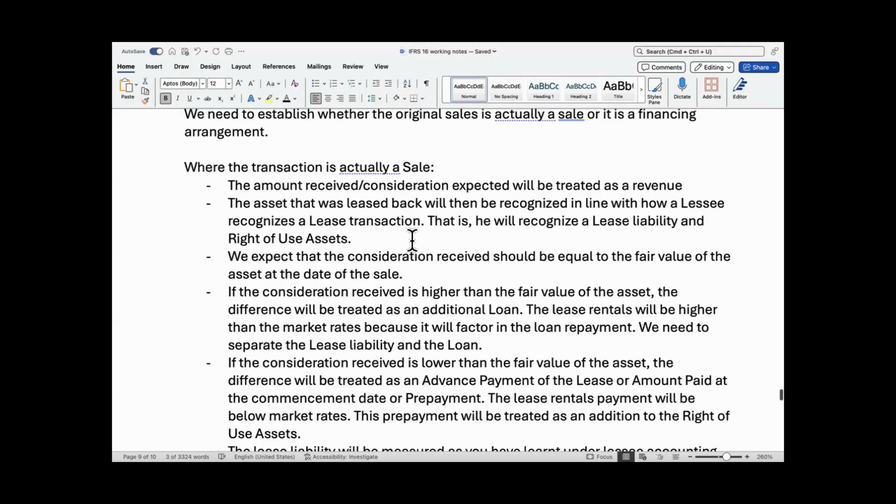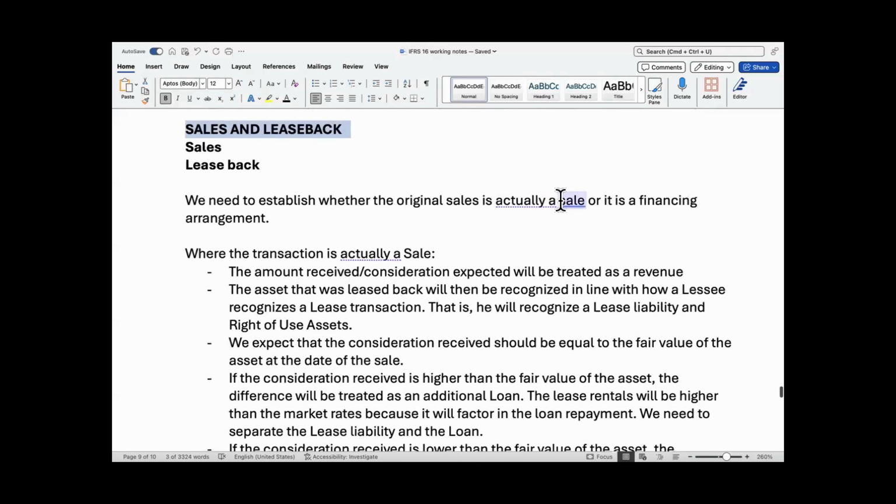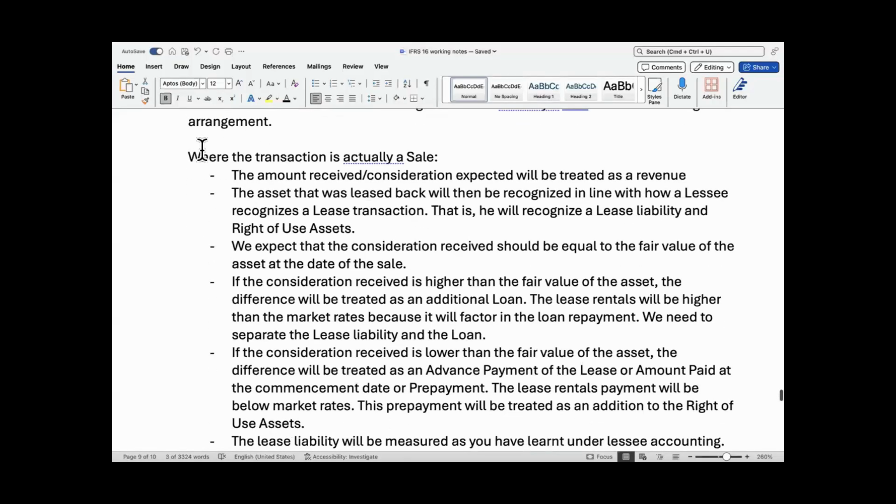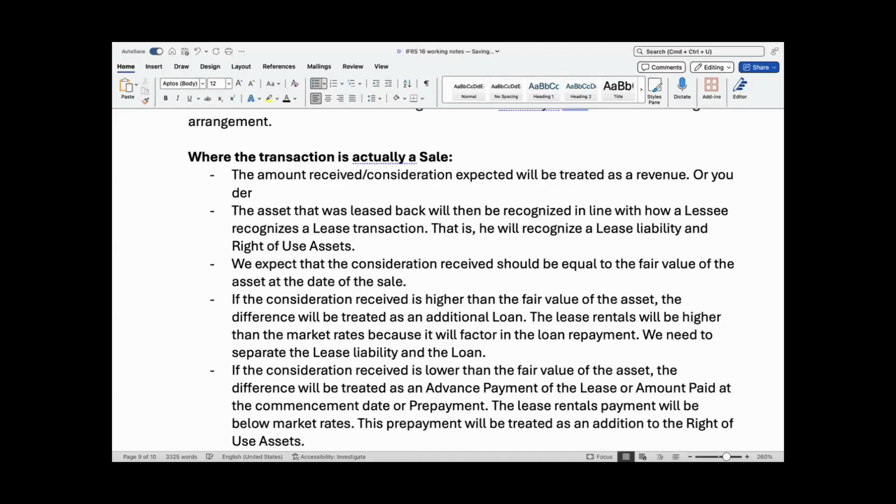We said the accounting issue here is we want to establish whether the original sale is actually a sale or it's a financing arrangement. So if the examiner tells you that it's a sale or there is a pointer that shows you that control has been transferred, then you can treat it as a revenue, or if it's not an item that you deal with as your day-to-day operation, you derecognize the assets from the books.